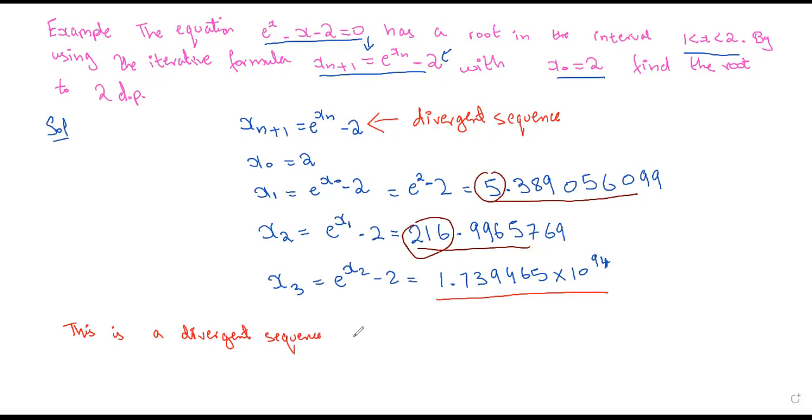So it is not possible to find the root to two decimal places with x naught equals 2. Okay.